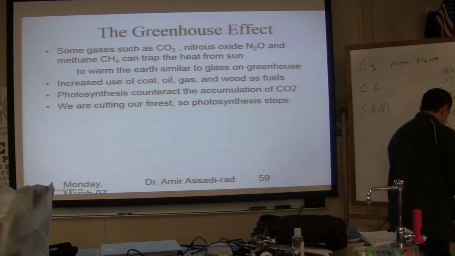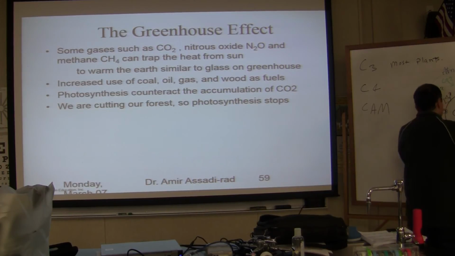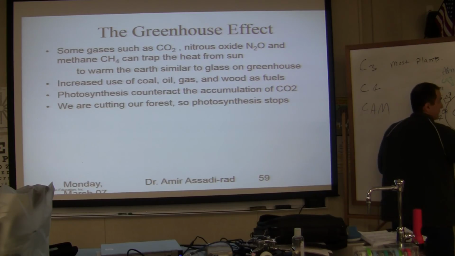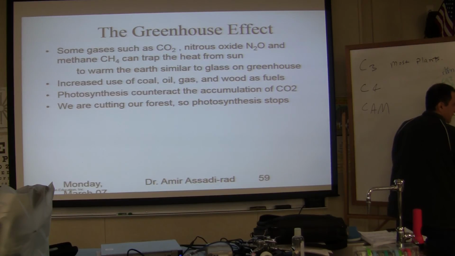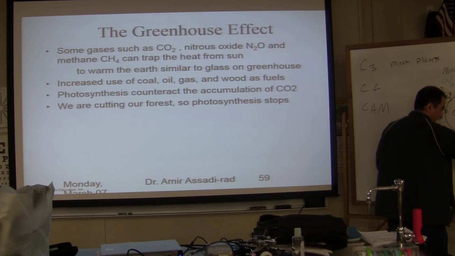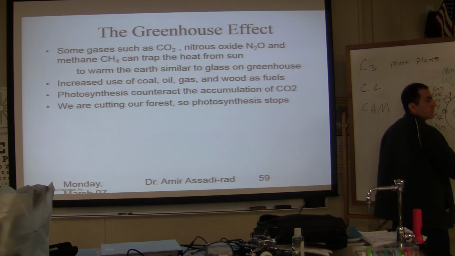So what happens when light comes and that heat is coming too? These gases in the atmosphere do not allow the heat to go back. When heat comes from the sun to the earth, it's supposed to reflect back. It did before the Industrial Revolution.